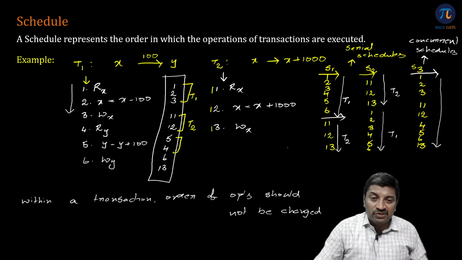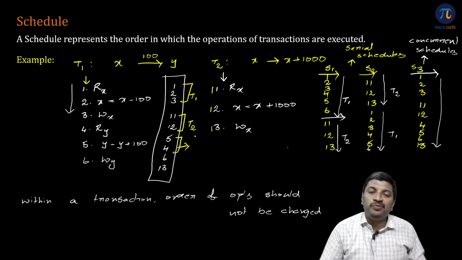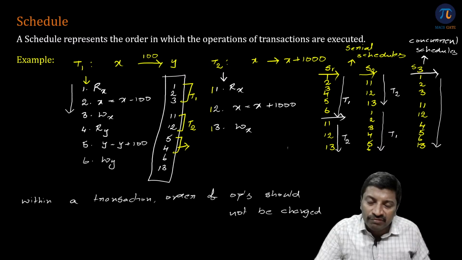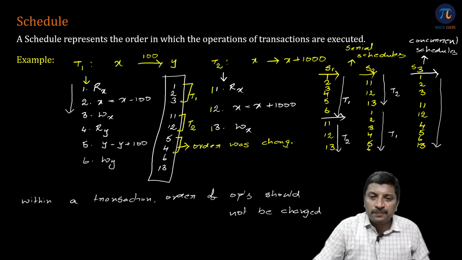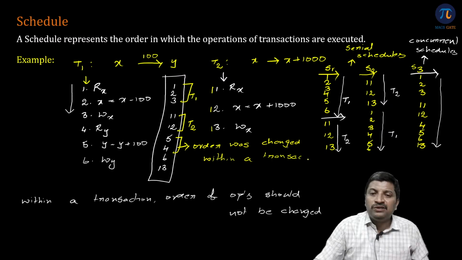Now please observe these two. Actually, they should be executed in the order of 4, 5, but the order was changed within a transaction. That is not allowed, sir. So within a transaction, the order of operations cannot be changed. So this is not allowed.